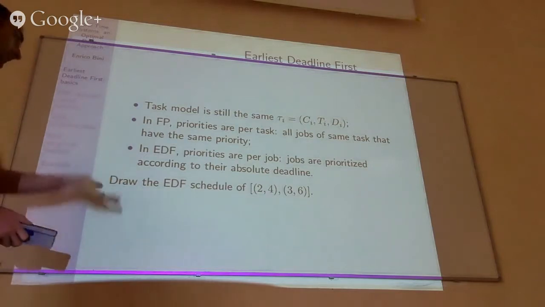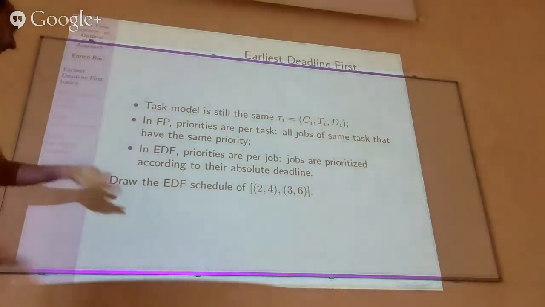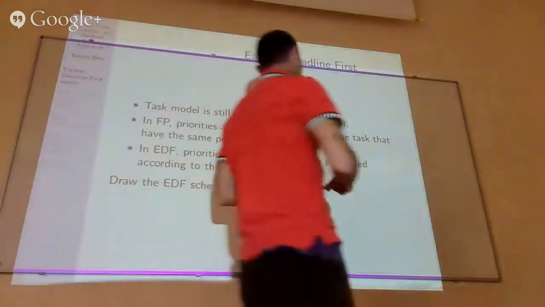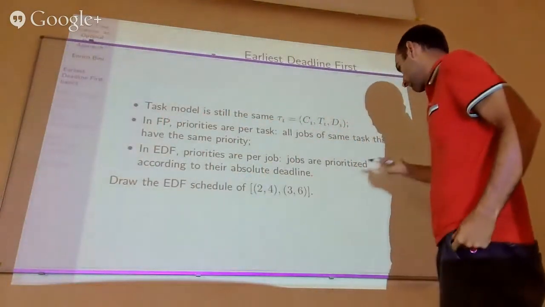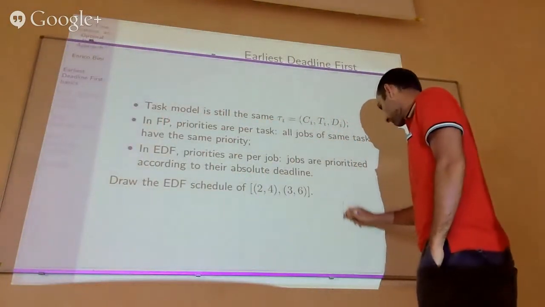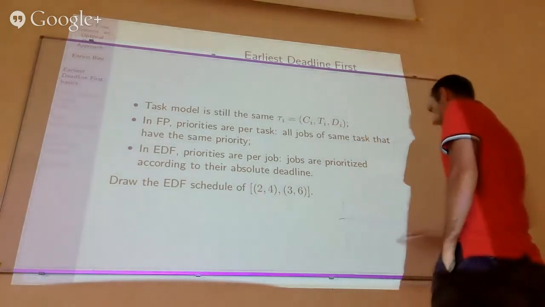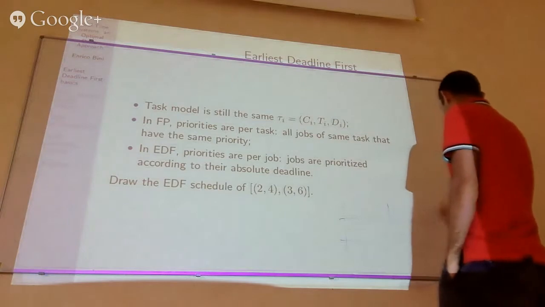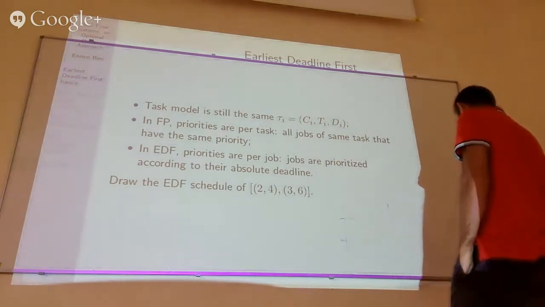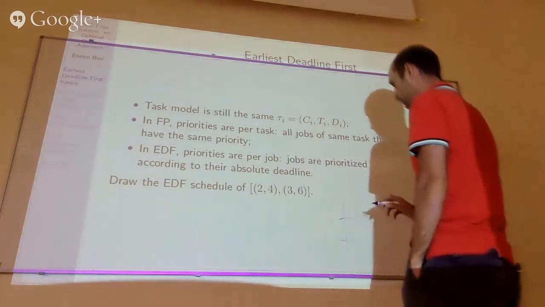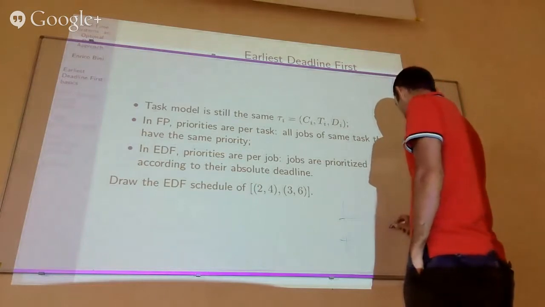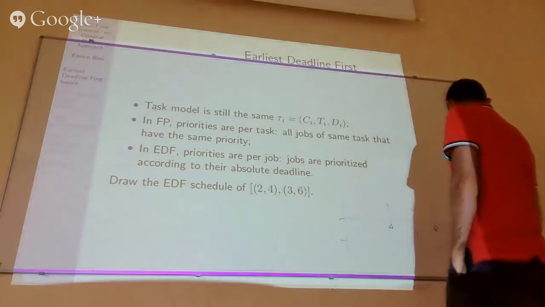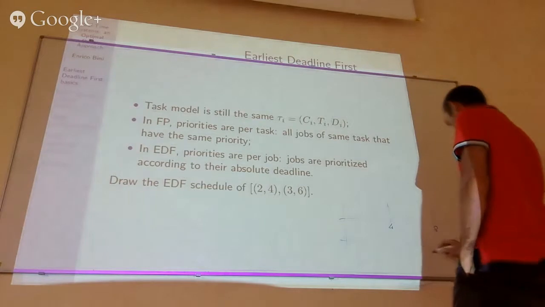Let's draw an EDF schedule. This is the most typical example of EDF, because it shows where fixed priority misses a deadline and EDF doesn't.